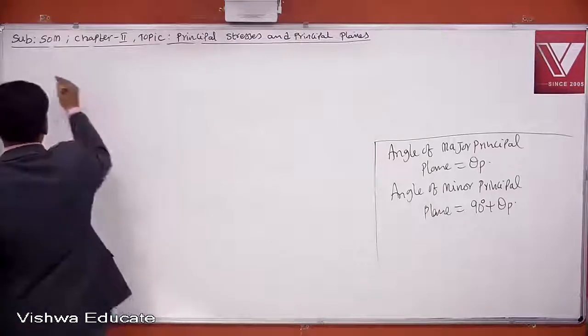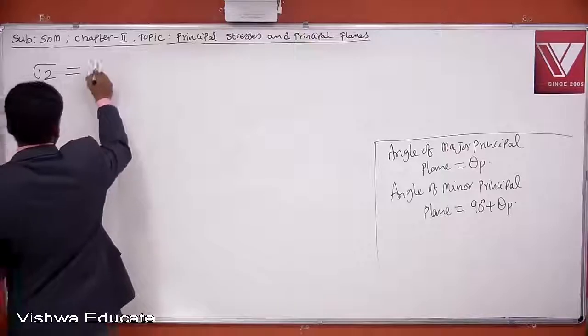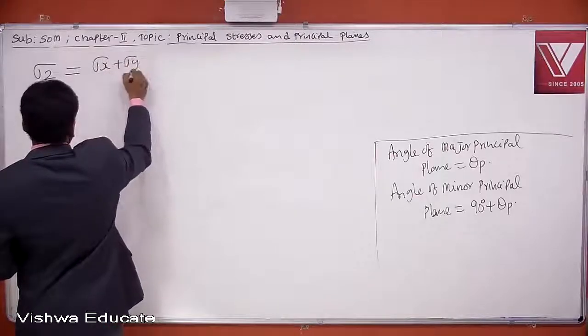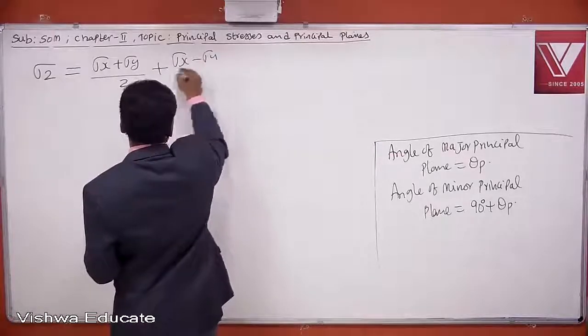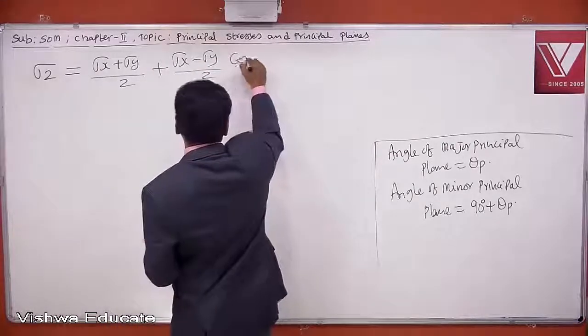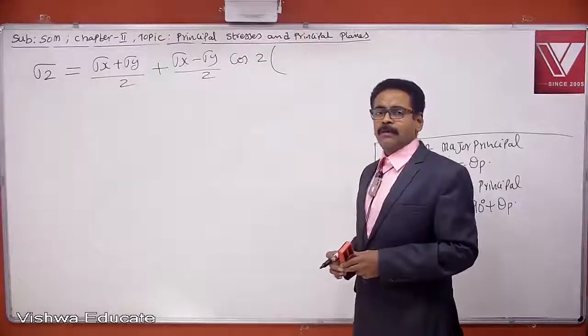The minor principal stress σ2 is equal to (σx + σy)/2 plus (σx − σy)/2 into cos 2 into the angle of the minor principal plane.